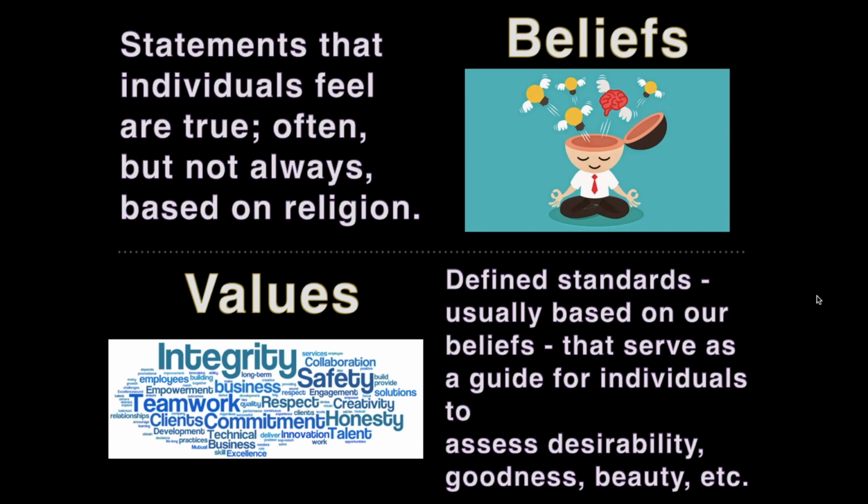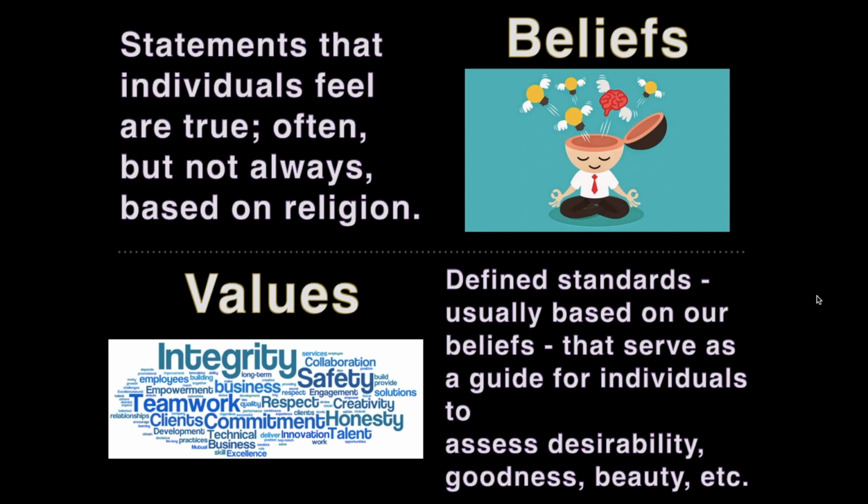And our values are defined standards that serve as a guide for individuals to assess how good something is, how beautiful something is, how desirable an event or action is. And so an example is, if you believe that hard work pays off, and everyone has equal opportunity, then your values will probably consist of discipline, perseverance, maybe even individuality.